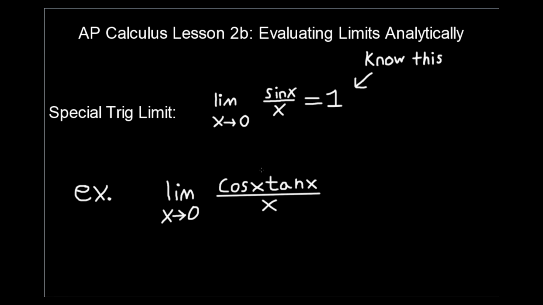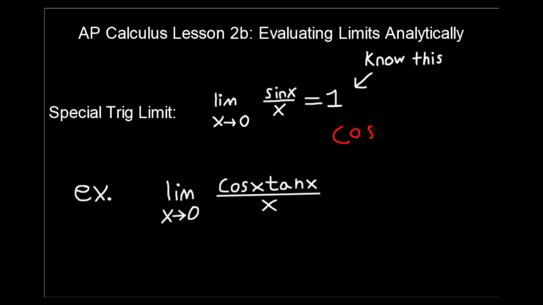So an example of us using this would be with this problem. The limit as x approaches 0 of cosine x times tangent of x over x. So first, like always, we start with the 0 over 0 step and plug in the 0.